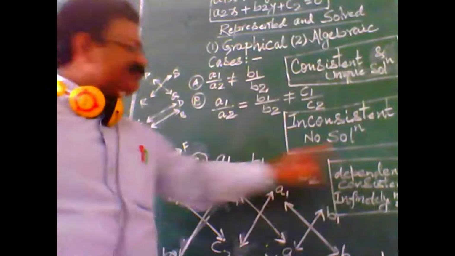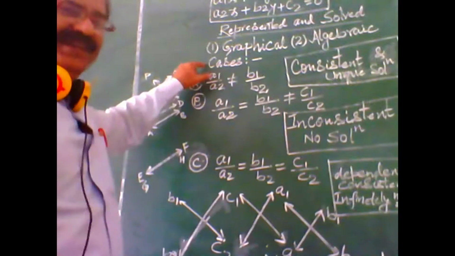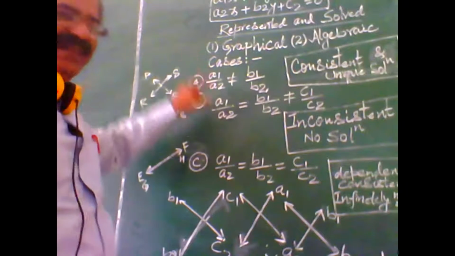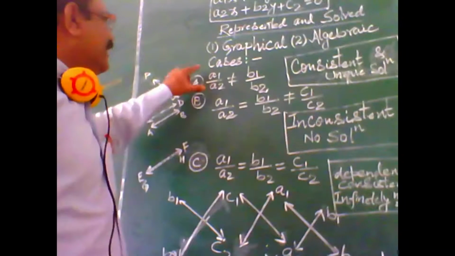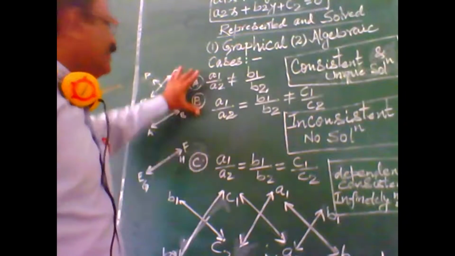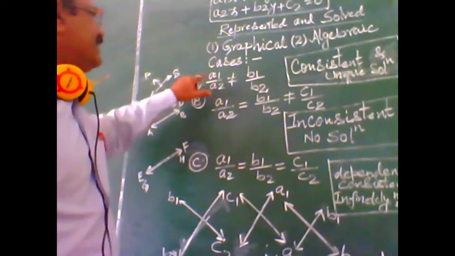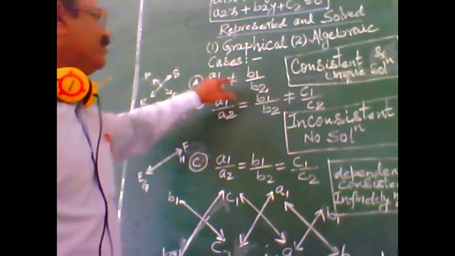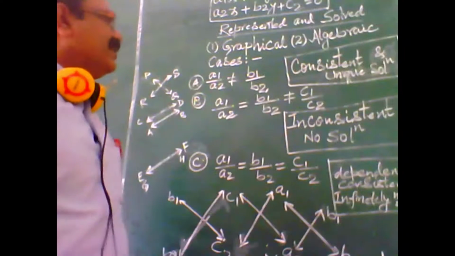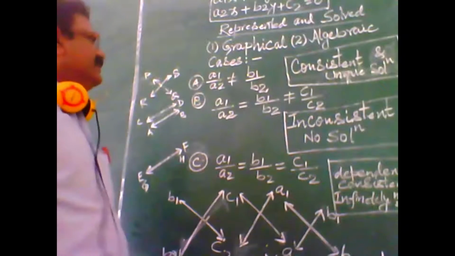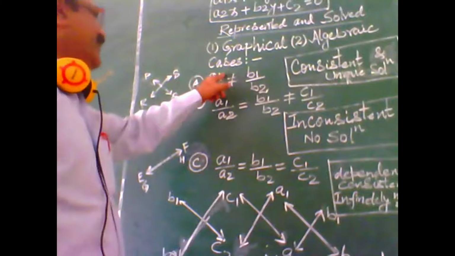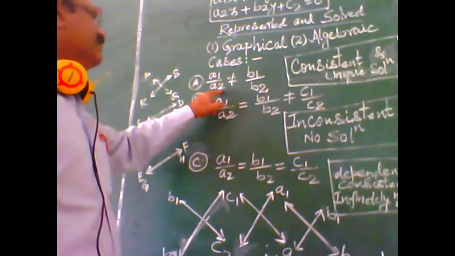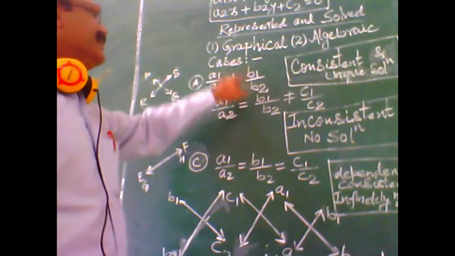Students, in the algebraic method, without drawing the graph, we can find the solution by testing three cases. The first case is a1 by a2 not equal to b1 by b2. You can check the coefficient of x, that is a1 by a2, and the coefficient of y, that is b1 by b2.